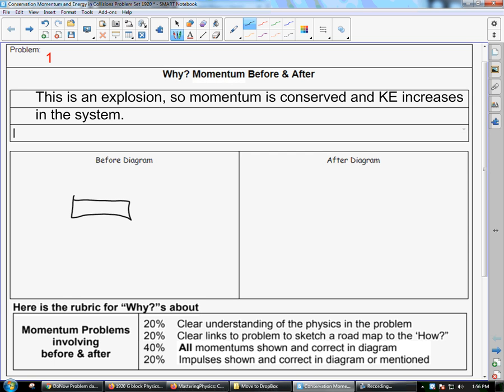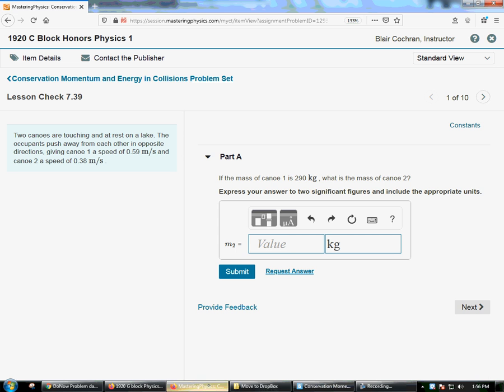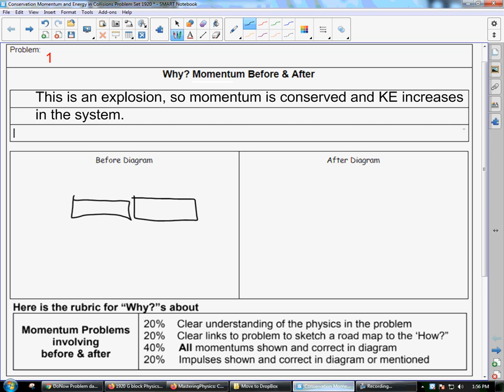Canoe number 1, canoe number 2. They're not moving, so their initial momentums are 0. I'm going to make a note of that.